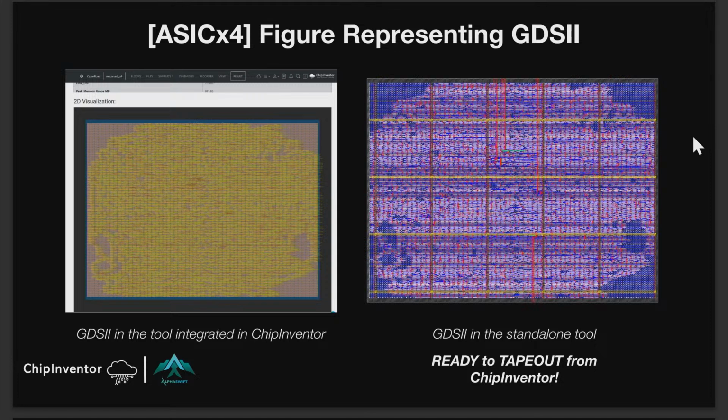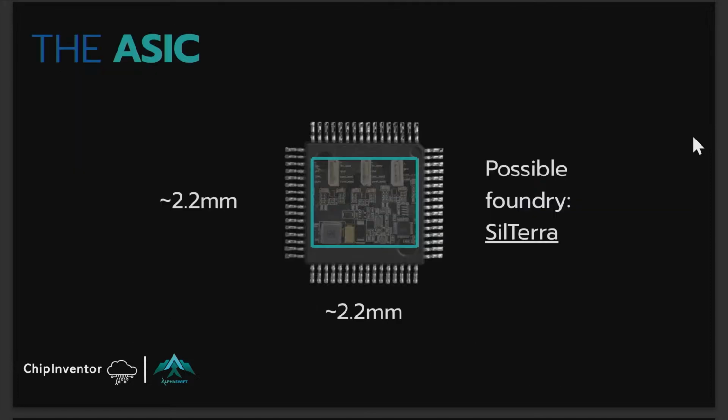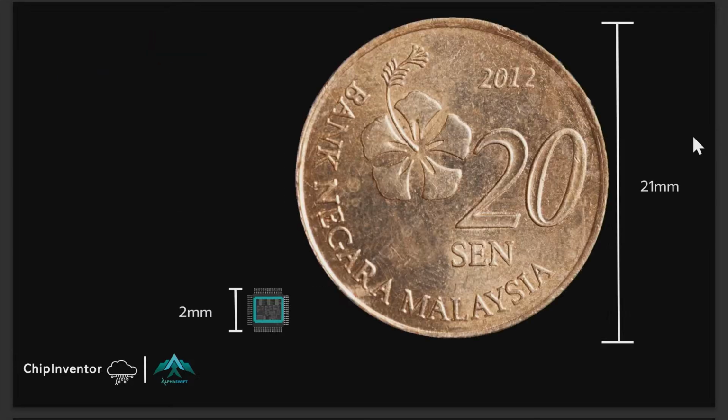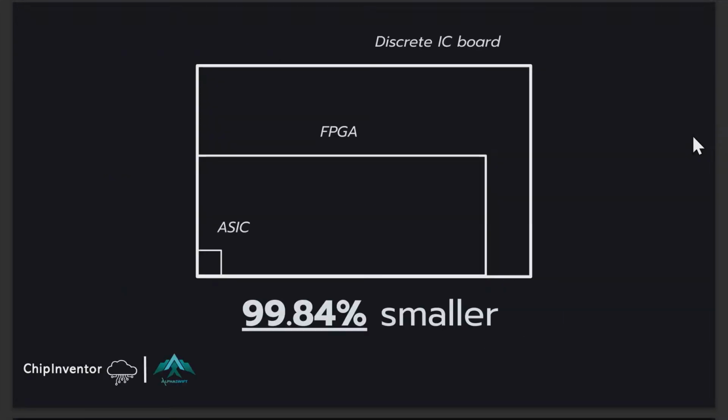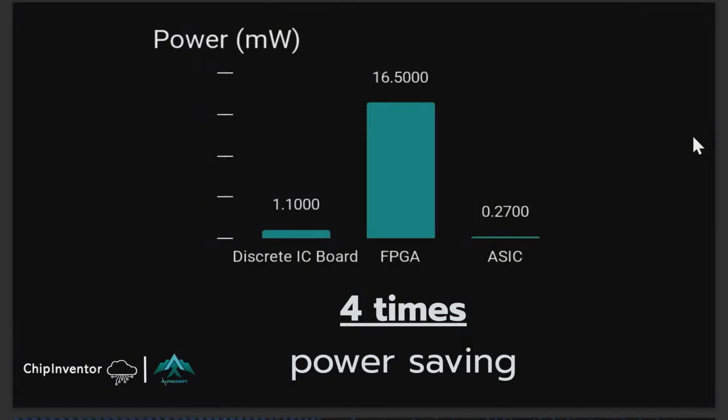I will be fast here. This is the final layout. From that 8 centimeter board, they got a 2 millimeter by 2 millimeter design that can be manufactured, for example, in Silterra. Lower power consumption, this was tested, much smaller, from a complete PCB to a single chip.